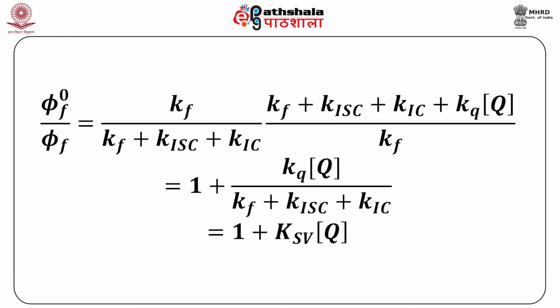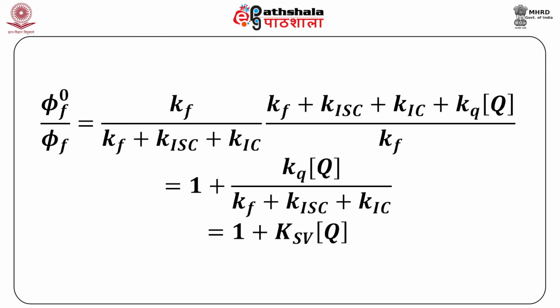If we designate the quantum yield in the absence of quencher as phi f naught, we may write phi f naught by phi f, by doing some mathematical manipulation, as equal to 1 plus Kq into Q, concentration of the quencher, divided by Kf plus KISC plus KIC, and this is usually written as 1 plus capital Ksv into the concentration of the quencher.